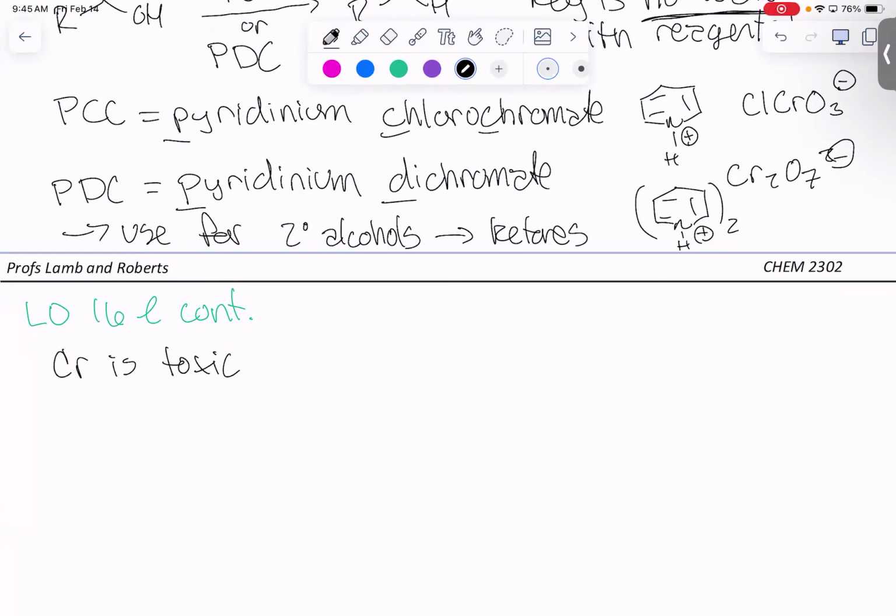Most chemistry reagents have some safety concerns, but in this case, we're going to get a stoichiometric amount of chromium at the end of the day, and we really don't want to dispose of that. So an alternative is called the Swern oxidation.